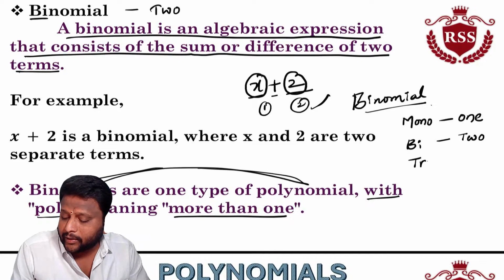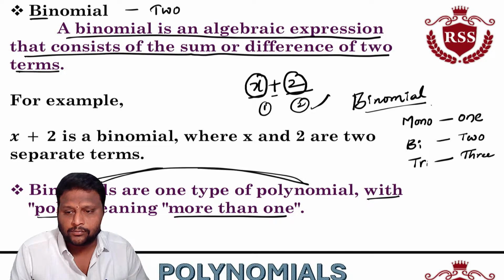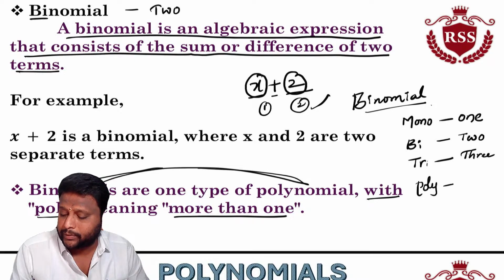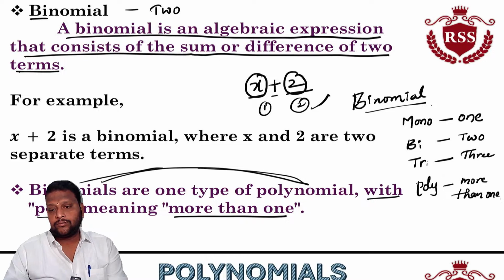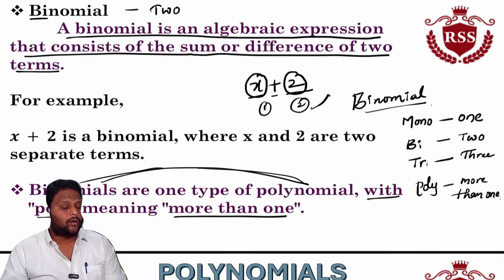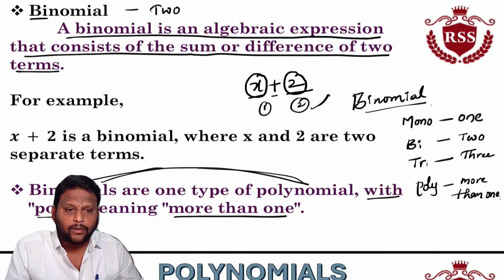Tri means three. Poly means more than one. More than one means poly. Clear?